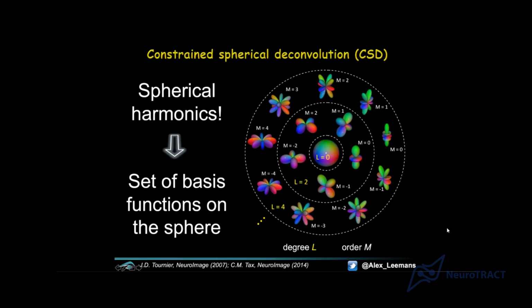These are what we call the degree and the order of the spherical harmonics. Apologies, I should have mentioned this earlier. So these spherical harmonics are a basis set of functions. They have parameters, and you can define the resolution with which you want to capture the diffusion signal.